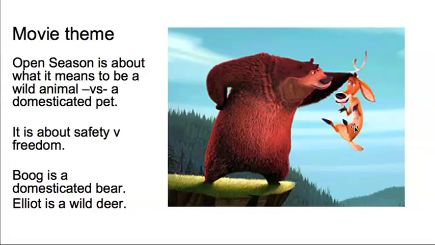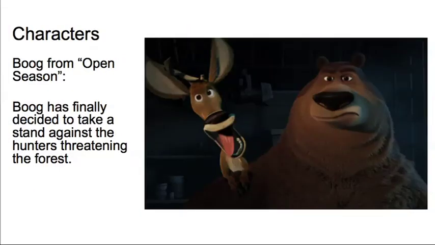Initially, Elliot starts the film wanting all the goodies that Boog has, all the comforts of home, but in the end they embrace the wild existence. I think there's an Aesop's fable about it, probably based loosely on a wolf and a domesticated dog. I forget. Anyway, that's the basic theme of the film.